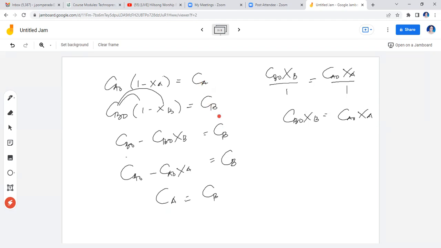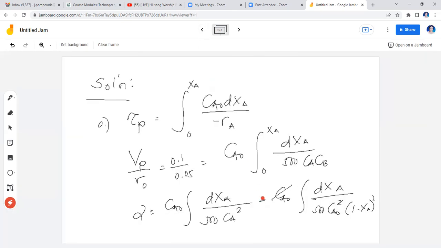So it was shown to you in here that C_B is represented as C_BO times 1 minus X_B, and you distribute the C_BO in here, you will have this. Now your C_BO is C_AO, and your C_BO X_B will be C_AO X_A as well, based on the stoichiometry. Then we conclude that your C_B would just be equal to C_A.